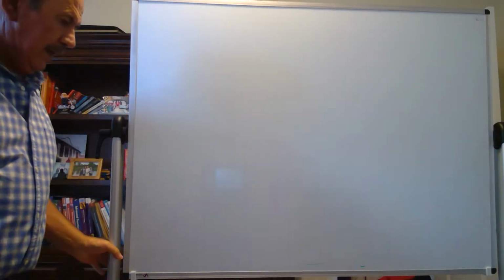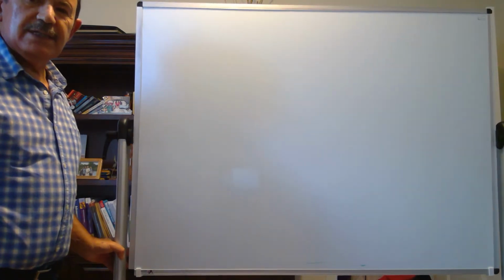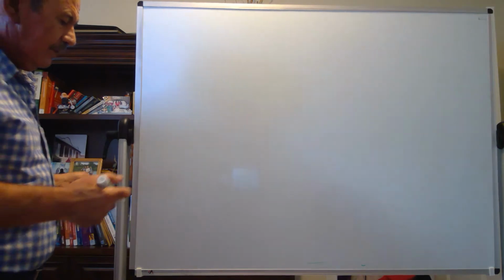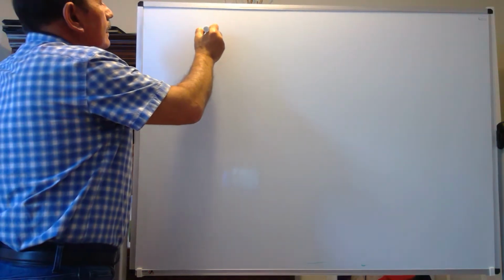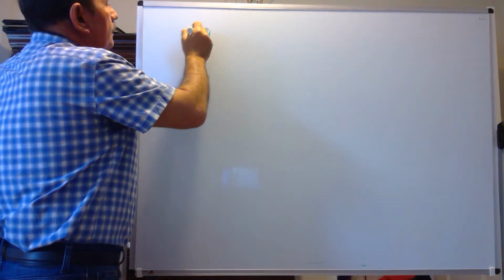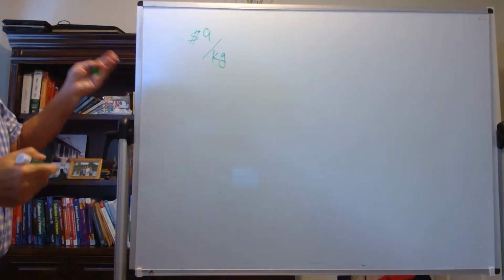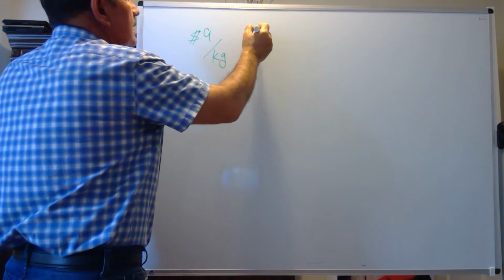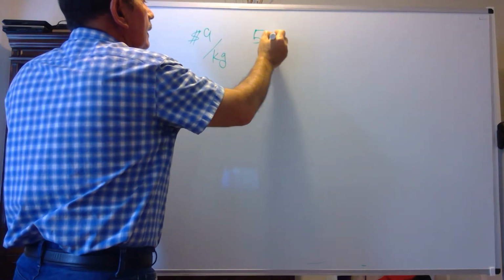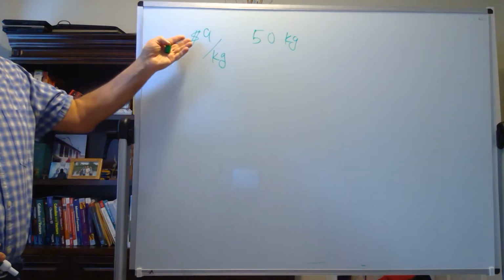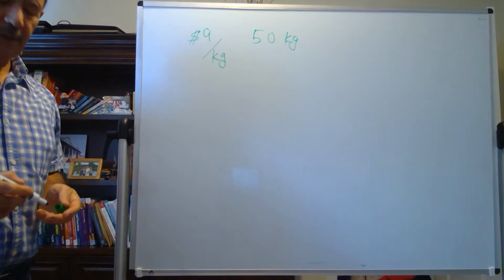Let's say I have a store and I have nuts that I'm selling for $9 per kilogram. Let's say I have 50 kilograms of nuts that I'm selling at $9 per kilogram.